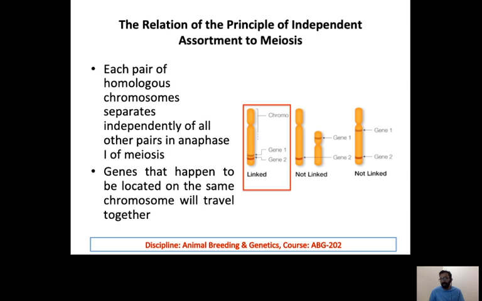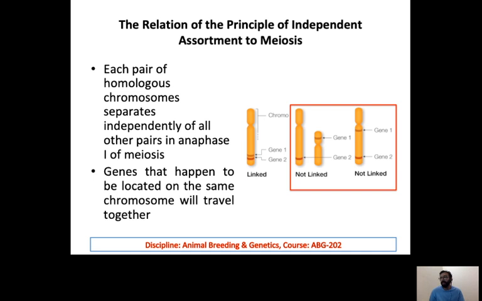It means they will not sort independently. But this is not true in case of the alleles which are either located on different chromosomes or located on the same chromosome but with quite a distance between them. So these are not linked, so they can assort independently.